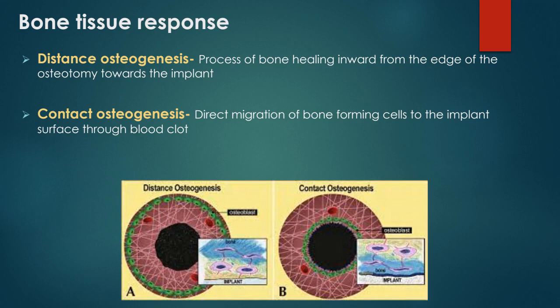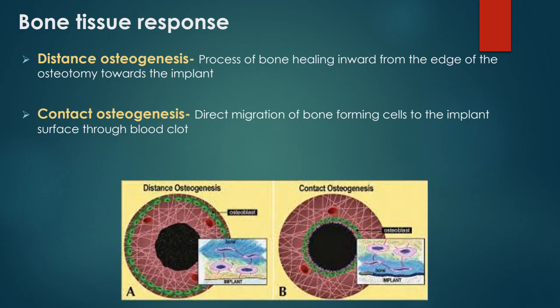We talked about primary healing, when we have direct contact with the bone, and we talked about secondary healing. When we have secondary healing, the formation of bone is called distant osteogenesis. Okay, bone healing from the inward edge of the osteotomy towards the implant. Contact osteogenesis is the direct migration of bone onto the surface directly through the blood clot.